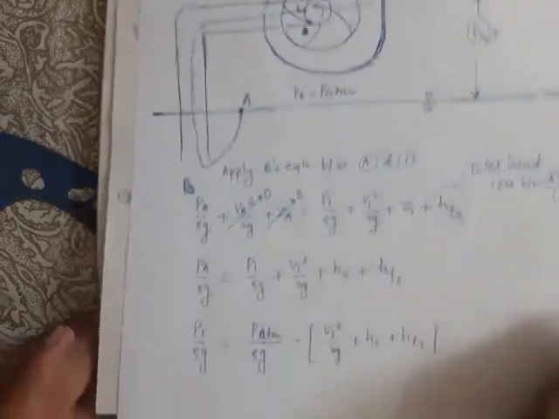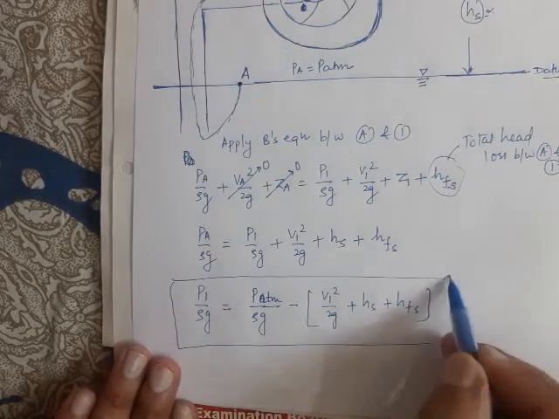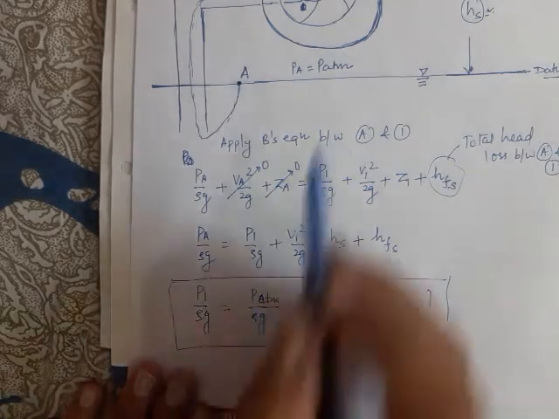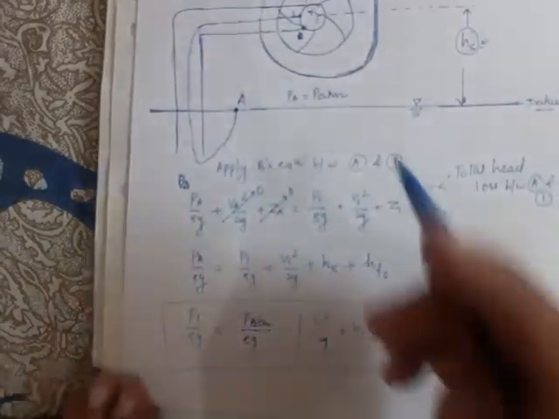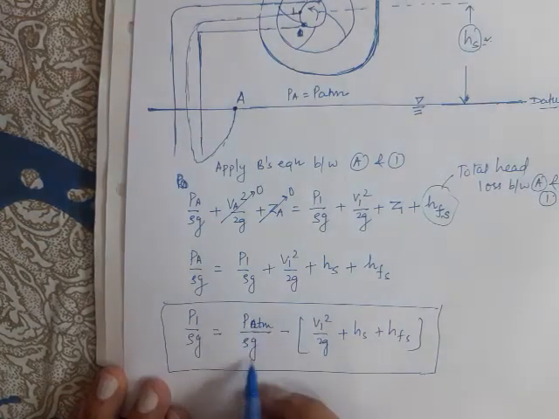Now please observe the significance of this equation for P1 by rho g. This expression indicates that the pressure head at point 1, at the inlet to the impeller or at the inlet to the pump, is below the atmospheric pressure head.